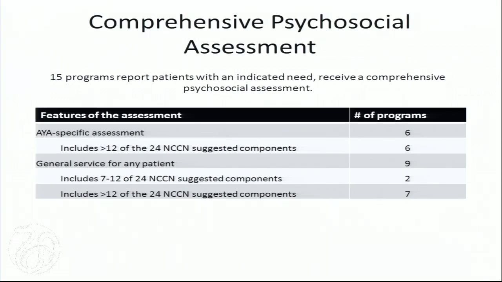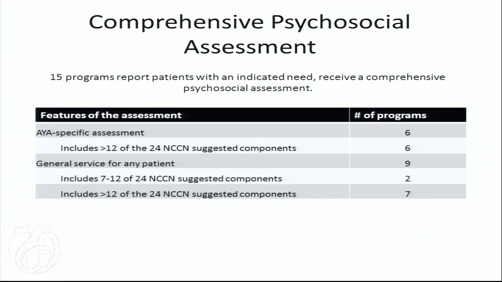You'll see that 15 programs report that patients who have an indicated need will receive a comprehensive psychosocial assessment. And we'll talk a little bit more about that later, but that's an important point, that it's not that 15 AYA programs are assessing their AYA patients all the time. It's only when a need is identified.